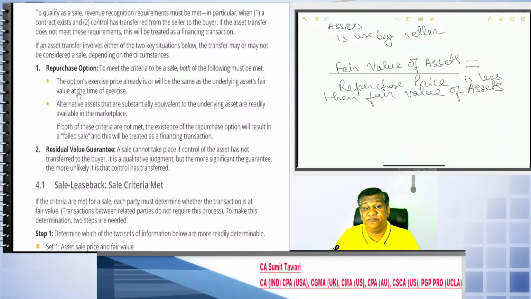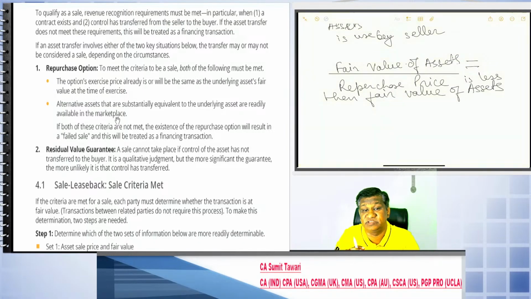If the fair value of the asset is equal to the repurchase price, that means in the lease payment we are not considering part payment for the sale transaction. In the second case, alternative assets that are substantially equivalent to the underlying asset are readily available in the marketplace.